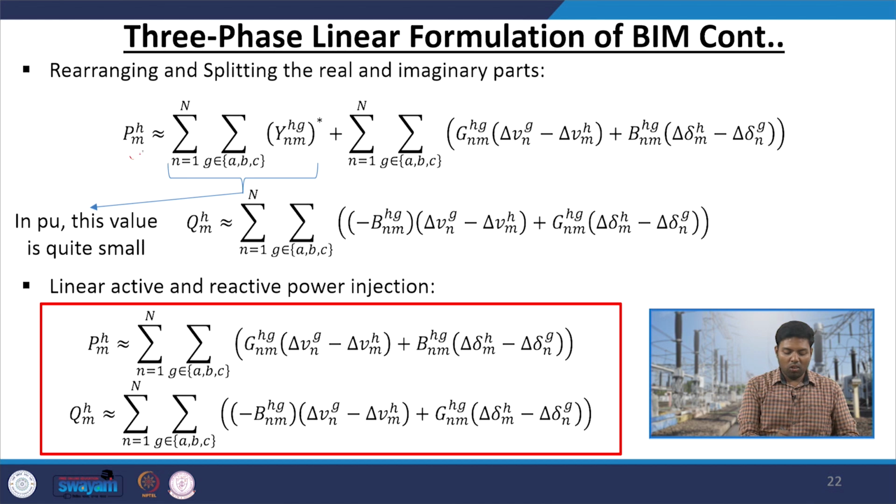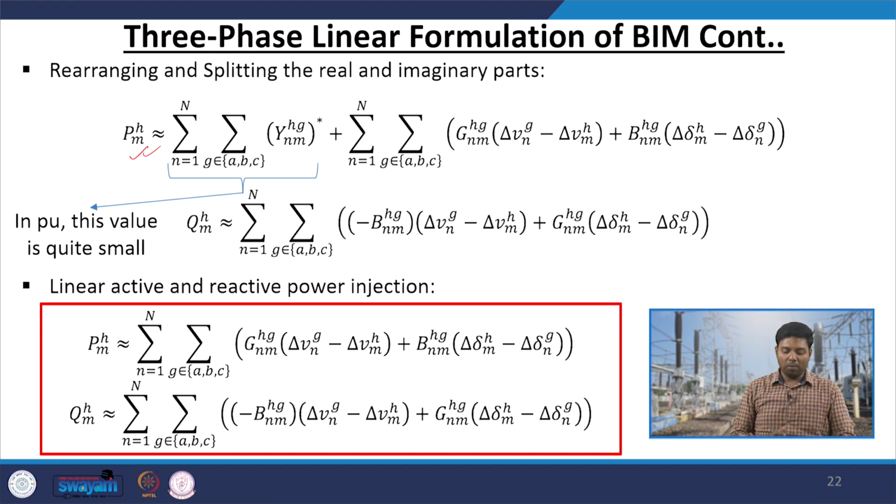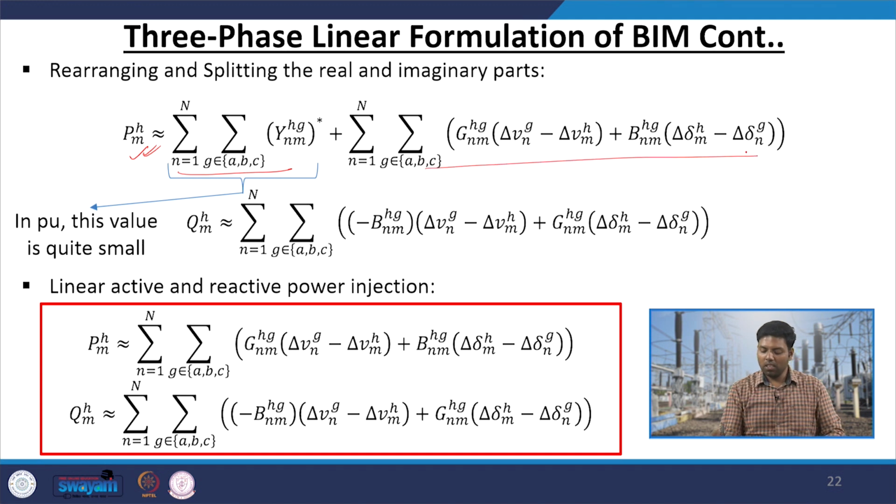So, this is your overall equation. If you split it for Pm and Qm, keeping the real and imaginary parts, you will get Pm as the summation of this term plus this complete term, that is, the summation over the buses and phases, with the G term with the voltage difference and the B term with the angle difference.